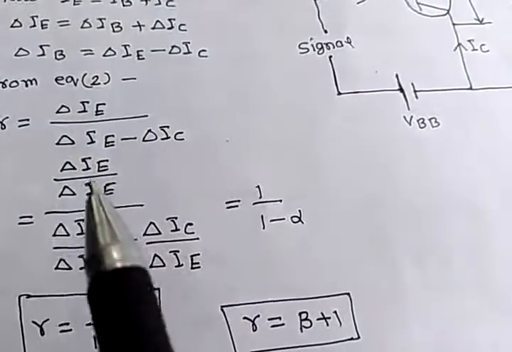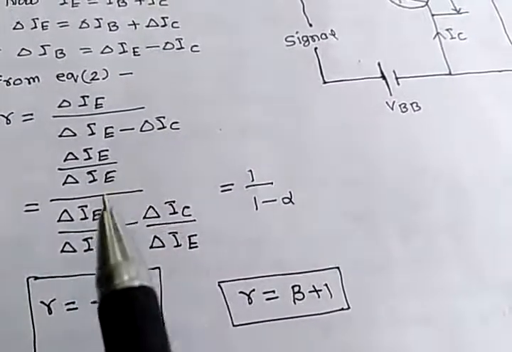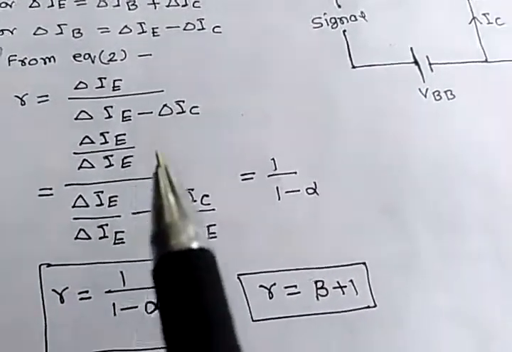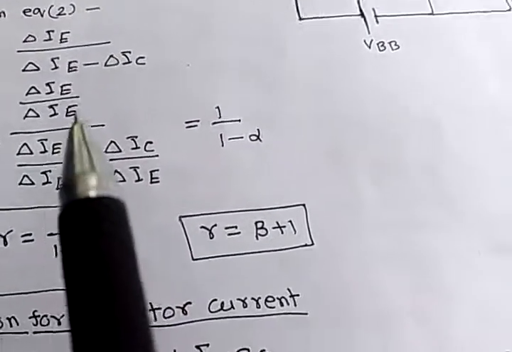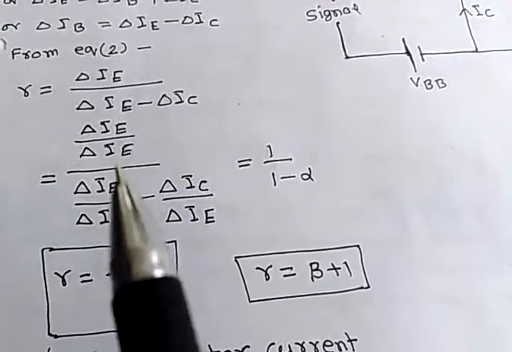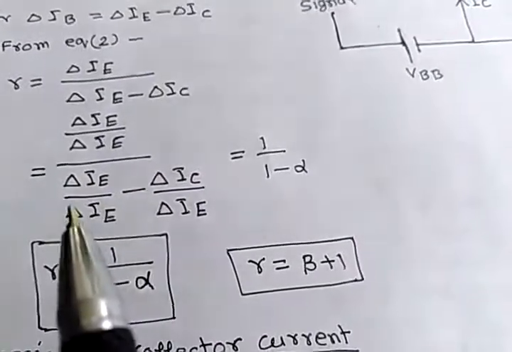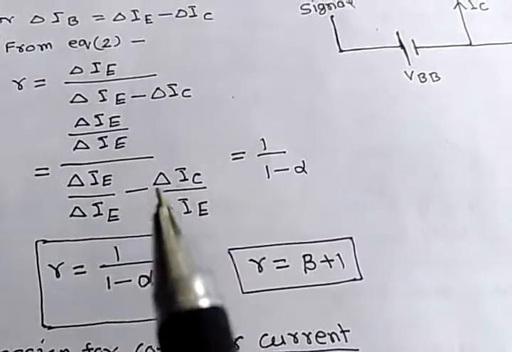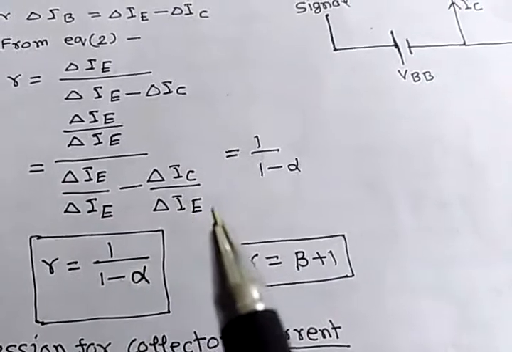Divide numerator and denominator by delta IE. So gamma will be equal to delta IE upon delta IE, upon delta IE upon delta IE minus delta IC upon delta IE.